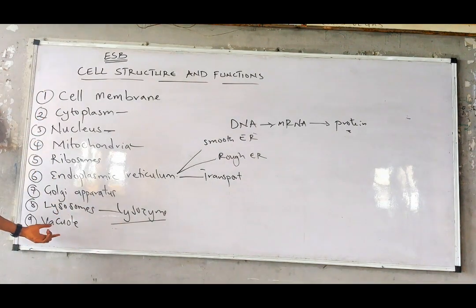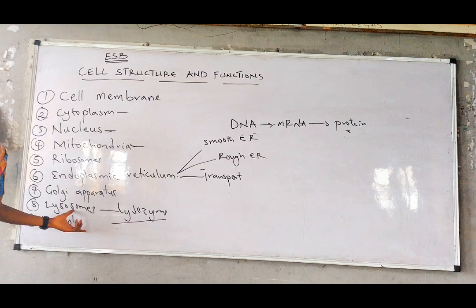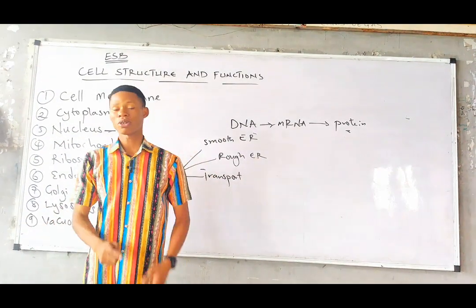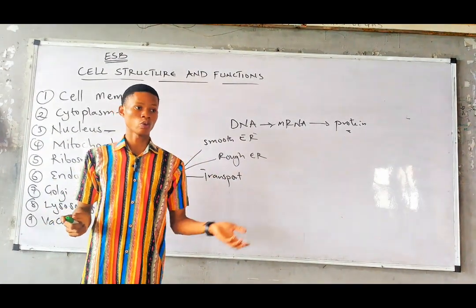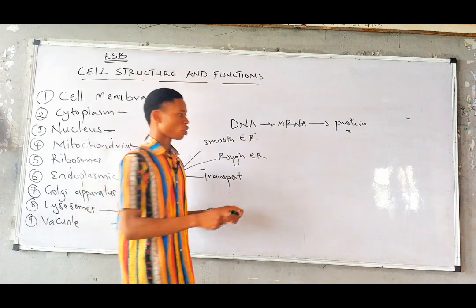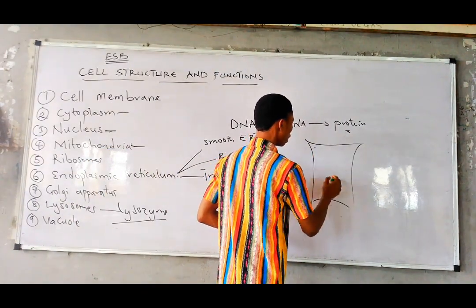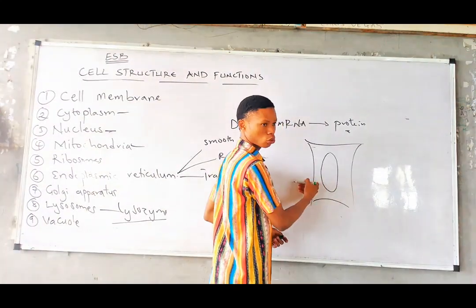Good. Now the vacuole, we said, what is the function of the vacuole here? You said? Stores nutrients. What? Remove waste and what? Okay. Good. Maintain internal hydrostatic pressure. We have different types of vacuole. We have food vacuole, we have water vacuole. Like if you are drawing a plant cell, you will draw something like this, and you draw one large central vacuole.